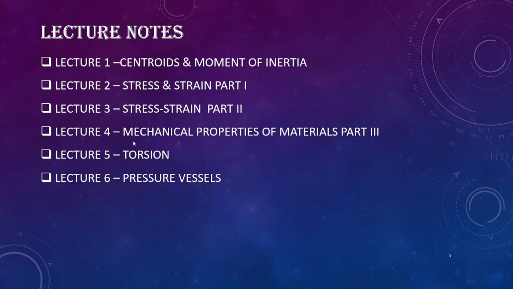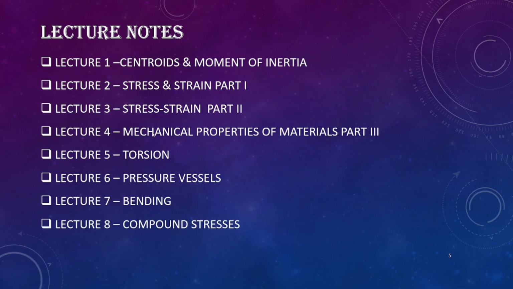Then lecture 6, you're going to talk about pressure vessels. These are containers built to hold liquids or gases under intense squeezing pressure without exploding. So if you go to places like the filling station, you will see those big tanks over there with a lot of gases or a lot of liquids in them. So that means that we must select the best material in making them.